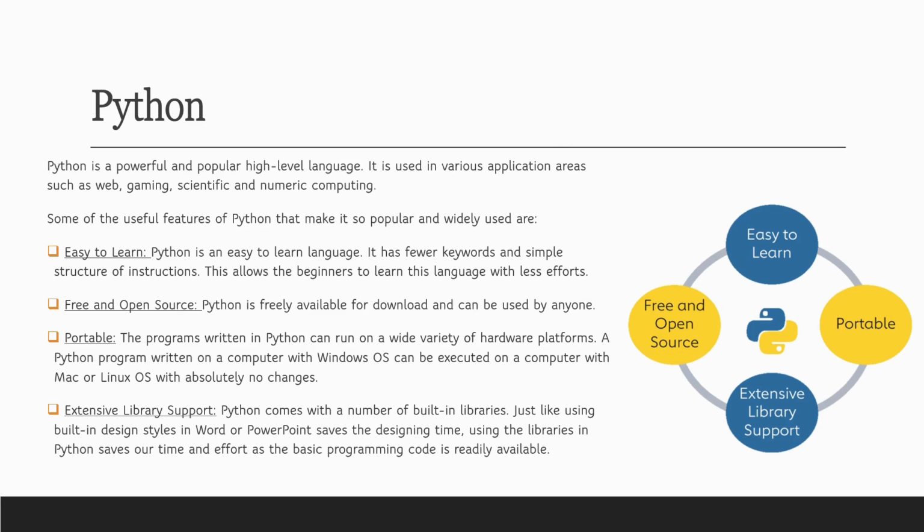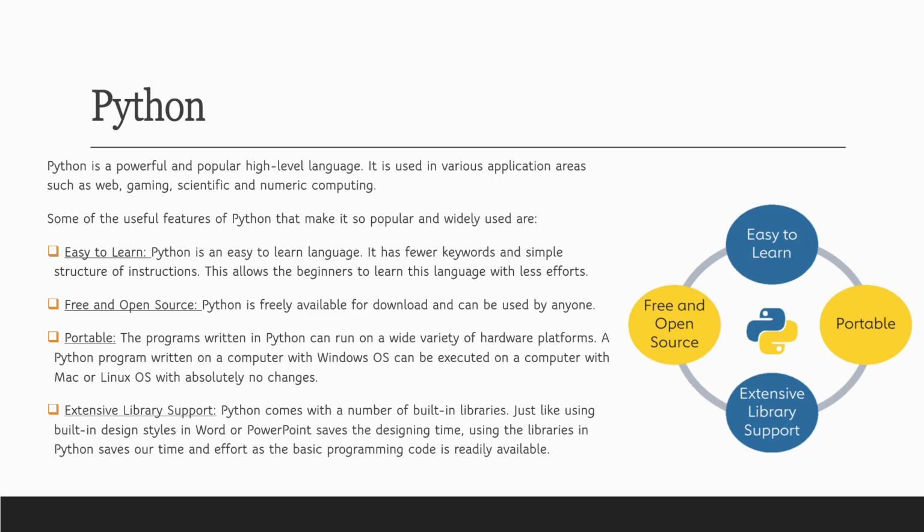Python. Python is one of the most powerful and popular high level languages in the world today. You will find it everywhere, whether it's creating websites, building video games, running scientific experiments, or crunching huge amounts of data. One reason Python is loved so much is because it's easy to learn.